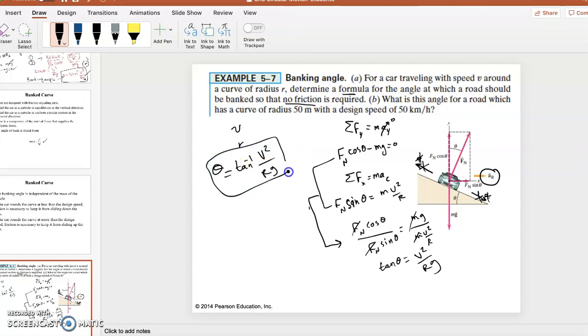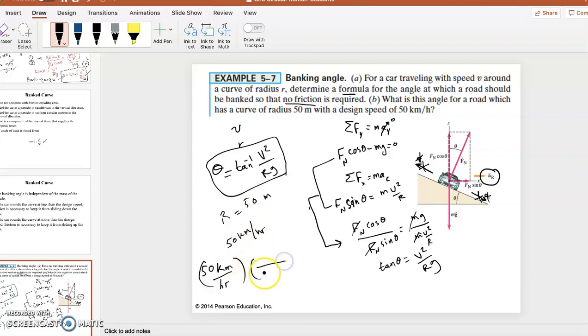What is the angle for a road which has a curve? Now he's giving me values. The radius r is 50 meters with a speed of 50 kilometers per hour, and g is of course 9.8 meters per second square. You will plug them in here and you will find the angle. Before that, you have to convert your speed into meters per second.